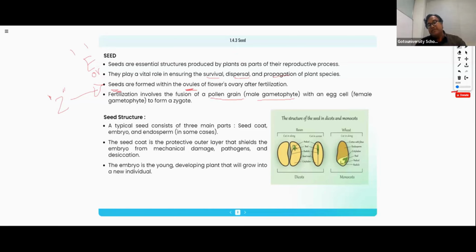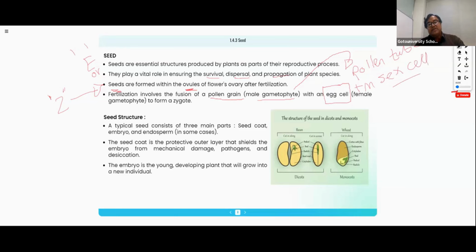If the male gamete is delivered appropriately with the help of the pollen tube entering the ovule of the female reproductive system, it makes the male gamete interact with the egg cell.